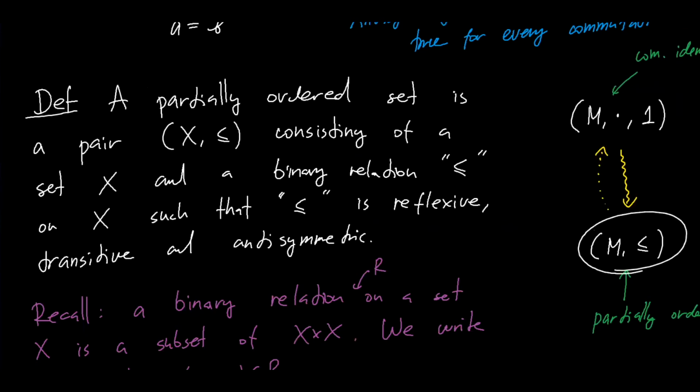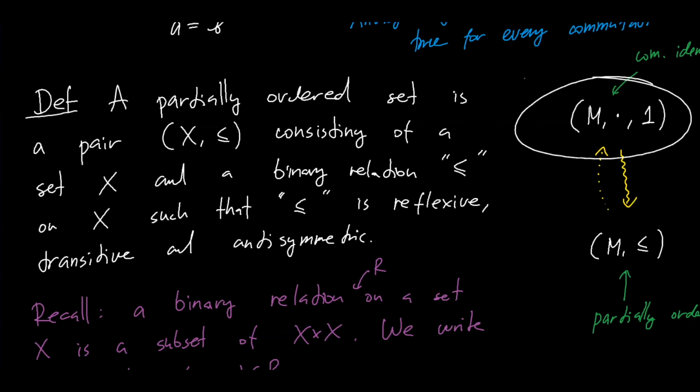Because remember, going back, join is the operation we design out of the partially ordered set, and the identity element for the join is the smallest element. So going back, I will get exactly the same commutative monoid I started with. So if I start with a commutative idempotent monoid, I get a partially ordered set, which then can be used to fully recover the commutative idempotent monoid that I started with.